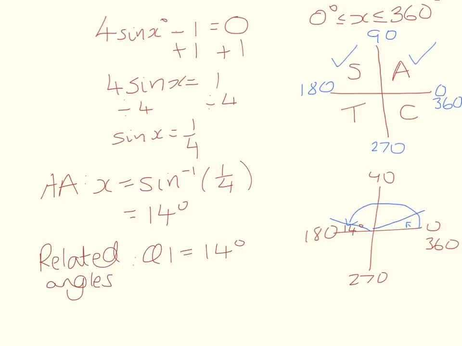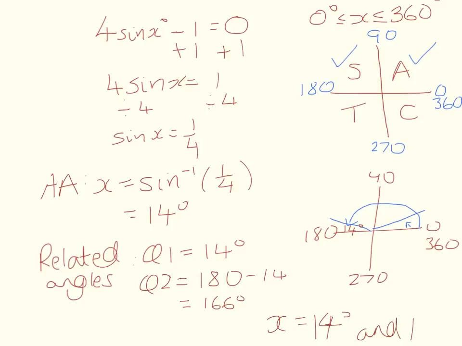So to find out the angle going all the way around to that point, we are going to need to subtract 14 degrees from 180, which will give me an answer of 166 degrees. So my two answers are x equals 14 degrees, and 166 degrees.